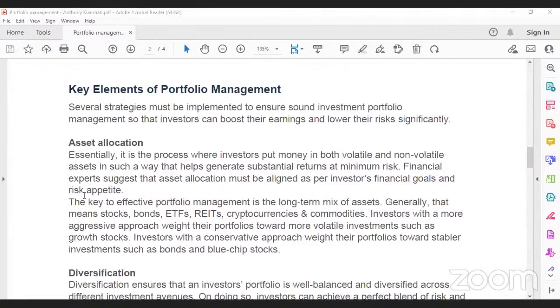Investors with a more aggressive approach are willing to face a lot of risk, but also have the potential of higher returns. For these investors, the weight of their portfolio will be more towards volatile investments such as growth stocks.